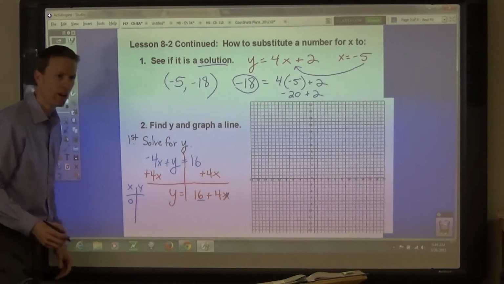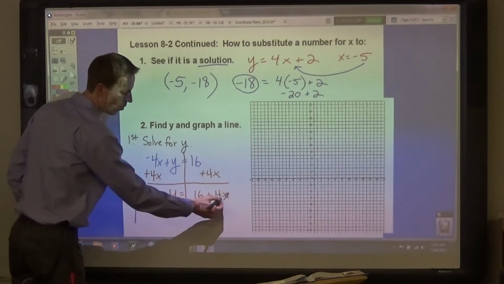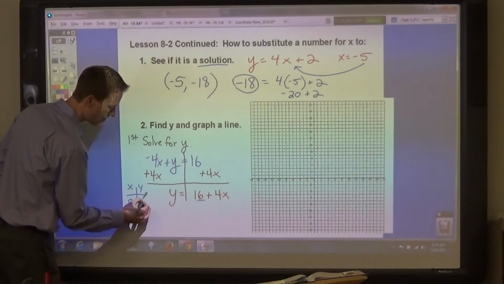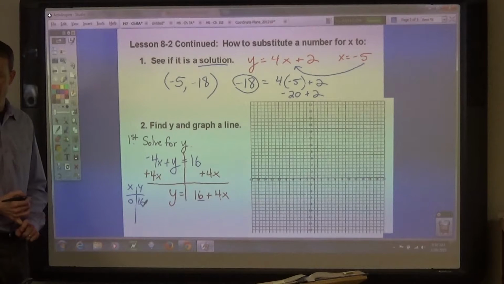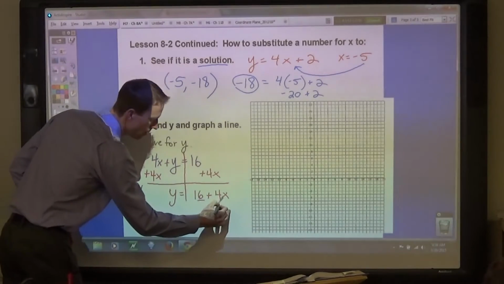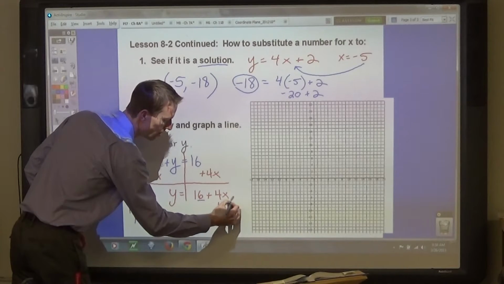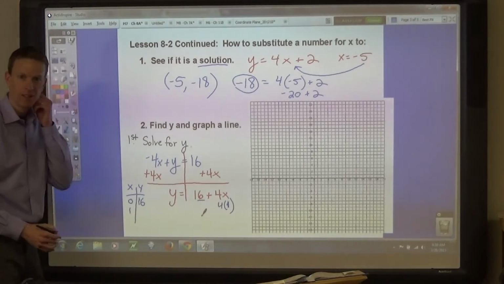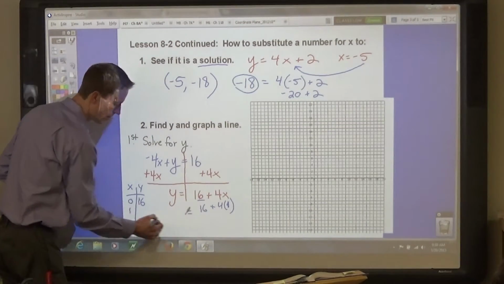If x is 0, what is y? 16, right? 4 times 0. So we'll start with that one. What else? 1. 4x, 4 times 1. What would that be? 4, plus 16, 20.